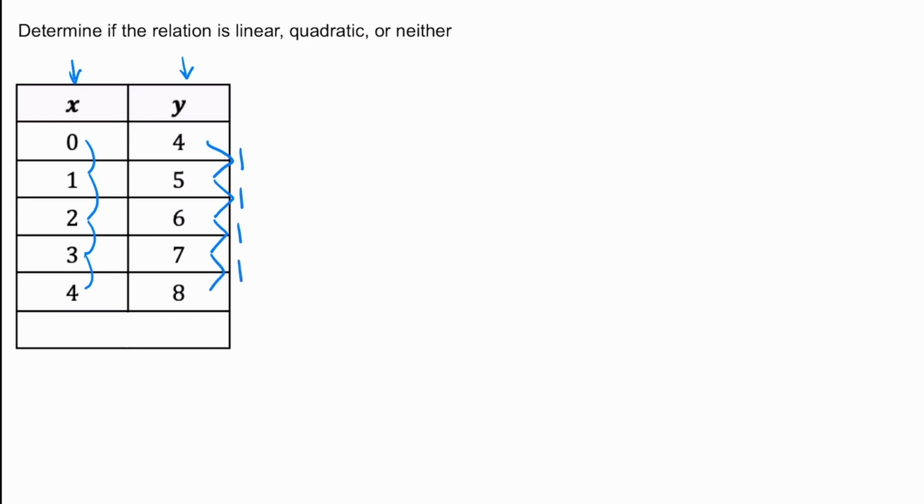And 8 minus 7 is 1. Since these values are all equal, it's linear. So linear is when the first differences are all the same. Quadratic is when the second differences are all the same. And neither is when the first and the second aren't the same.